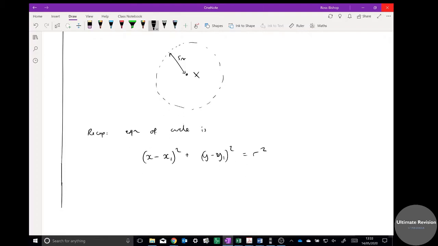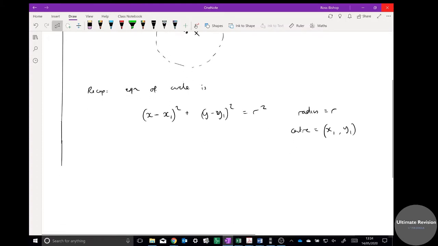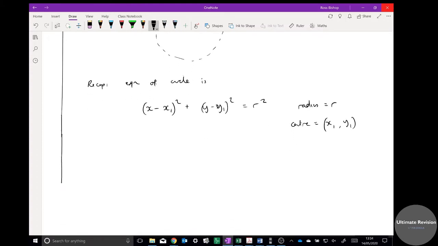This has a radius of r and a center of (x1, y1). So that would be the circle there: center (x1, y1) and radius r. We're going to come back to that in a minute because I can describe this in complex form.